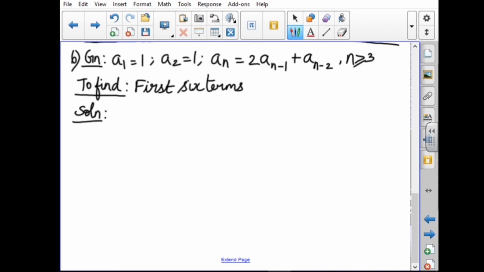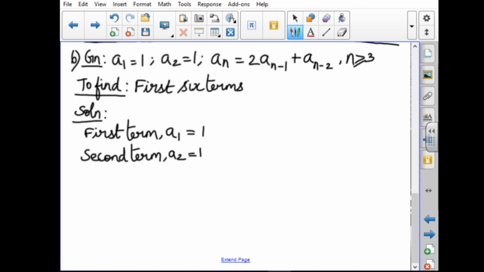So, the first term is denoted by A1 equal to 1, as given in the question. Second term, A2, is given in the question as 1.